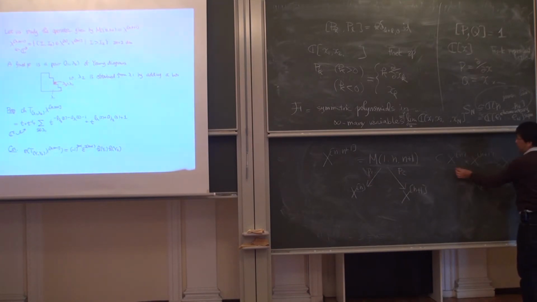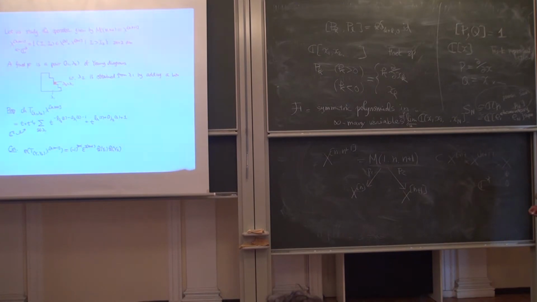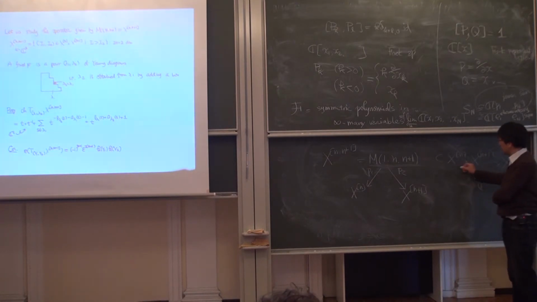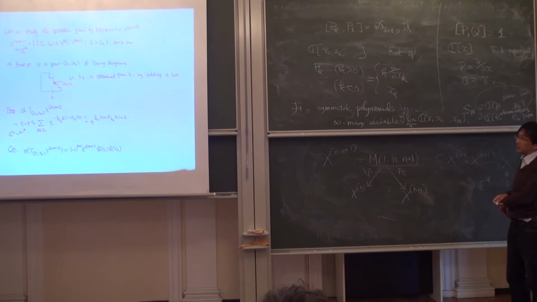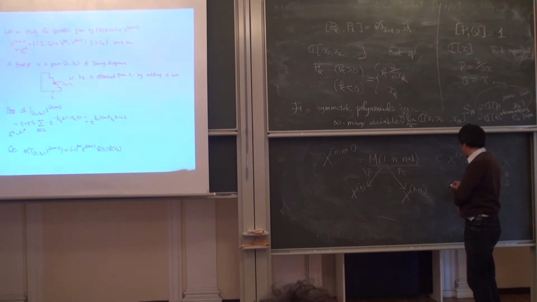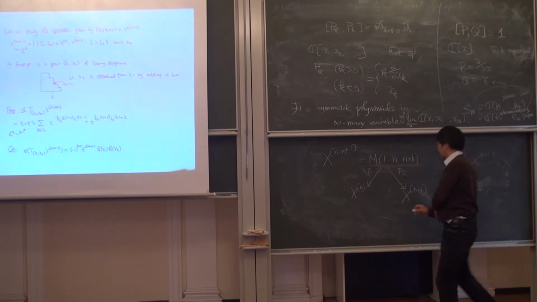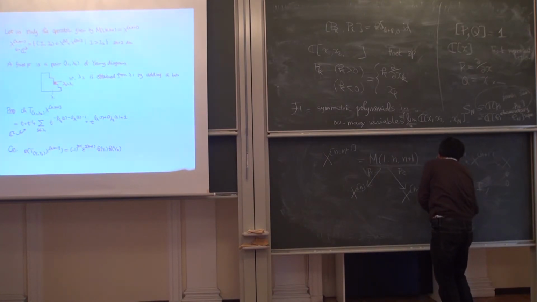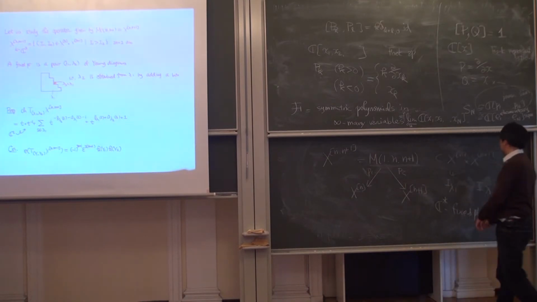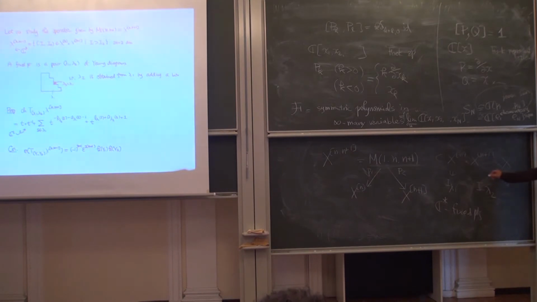So you have pairs of fixed points here and here. As I explained, both correspond to Young diagrams. So I have a Young diagram lambda 1 and lambda 2, both Young diagrams.